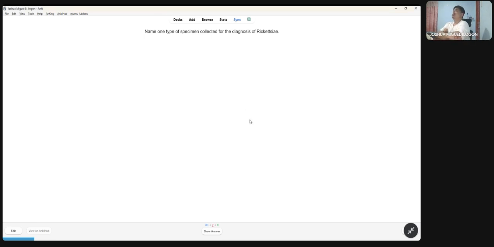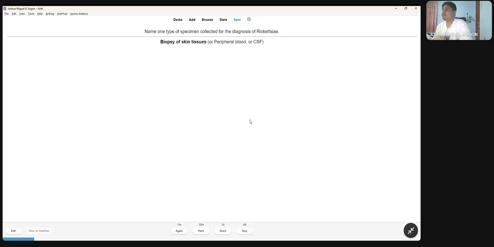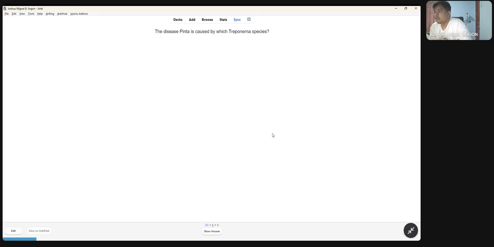Your Streptococcus moniliformis. Let's see. Tissue biopsy. Skin biopsy, not tissue biopsy. Skin biopsy. Pinta. That's your Carateum. Treponema carateum subspecies.